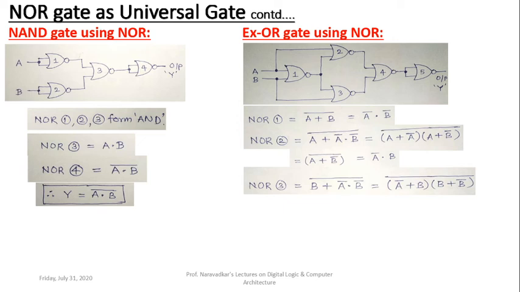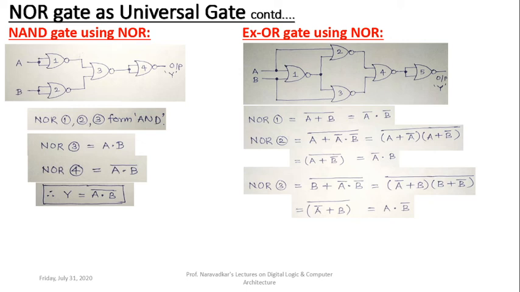Again, on this right side, in the output of NOR gate number 3, B plus B bar is equal to 1, one of the OR laws. It means the output of NOR gate number 3 will remain only A bar plus B the whole bar, only one bracket.